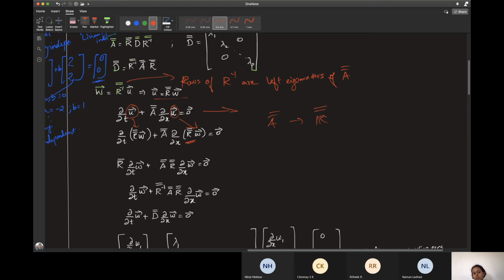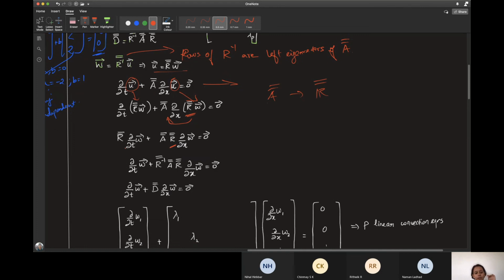So your eigenvector matrix R will be a constant matrix. It won't be a function of x, so you can take it out. It will come here, and then you can remove it by taking an R inverse. So you have something like this, and this becomes your diagonal matrix.